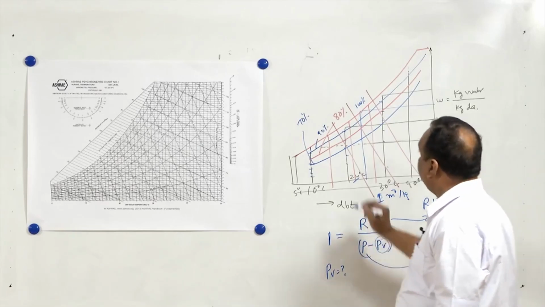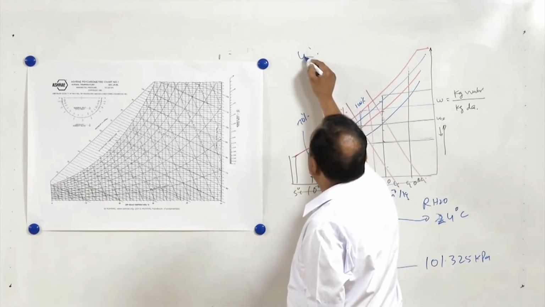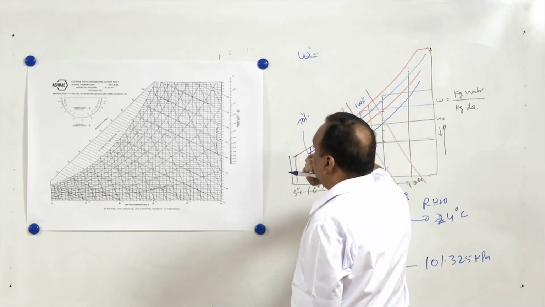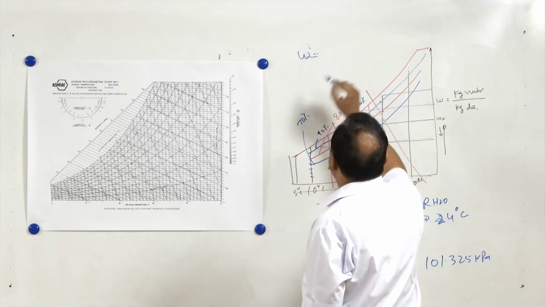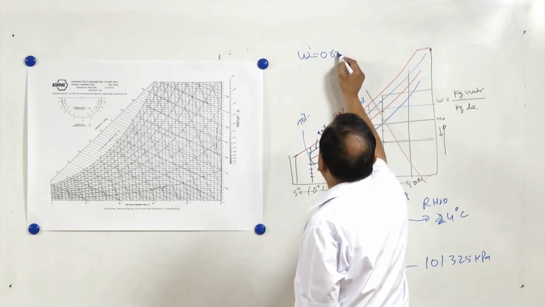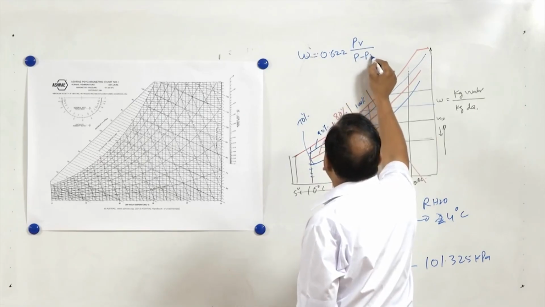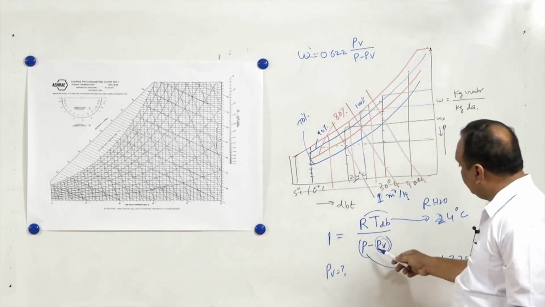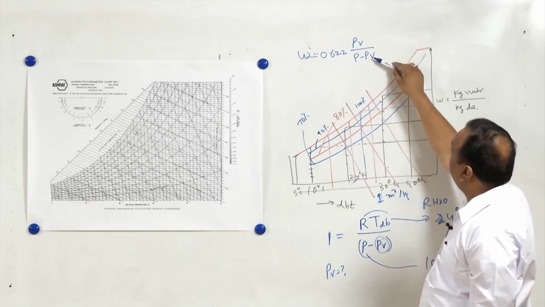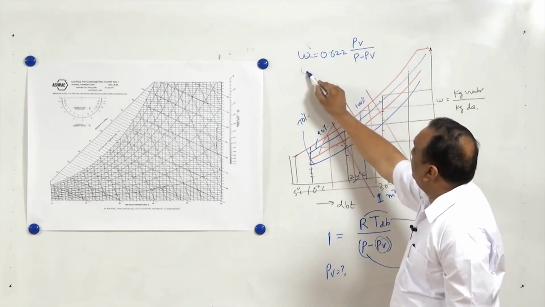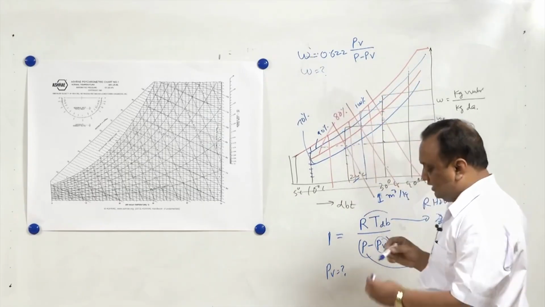Now with the help of this PV we can find the value of specific humidity, that is 0.622 PV divided by P minus PV. Now P we have, and PV we have calculated from here. We will put the value of PV here and we will get the value of specific humidity.